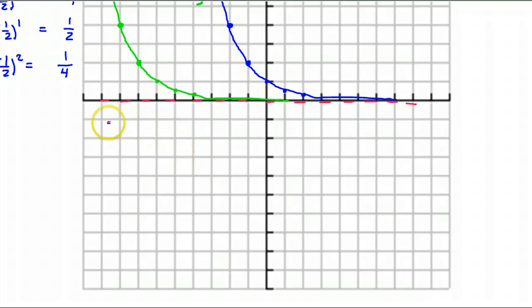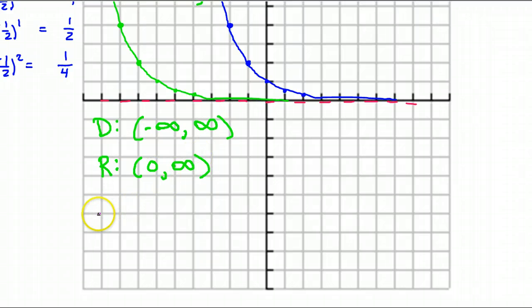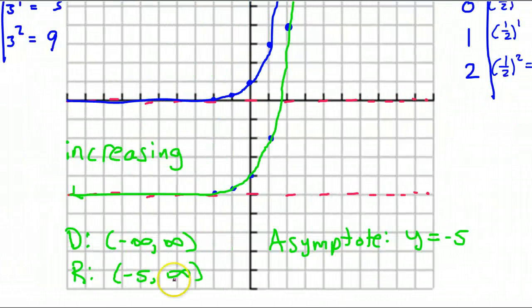So the domain is still going to be negative infinity to positive infinity. The range, well, it goes from the asymptote up, so the range will be 0 to infinity. And the asymptote is going to be y equals 0. That's it for number 2.